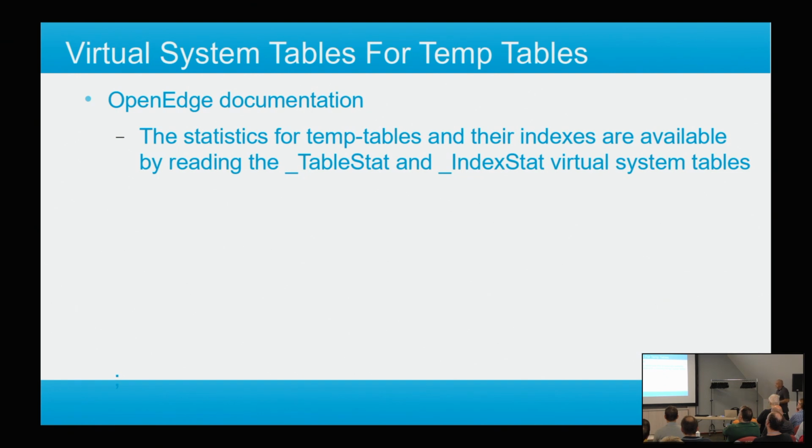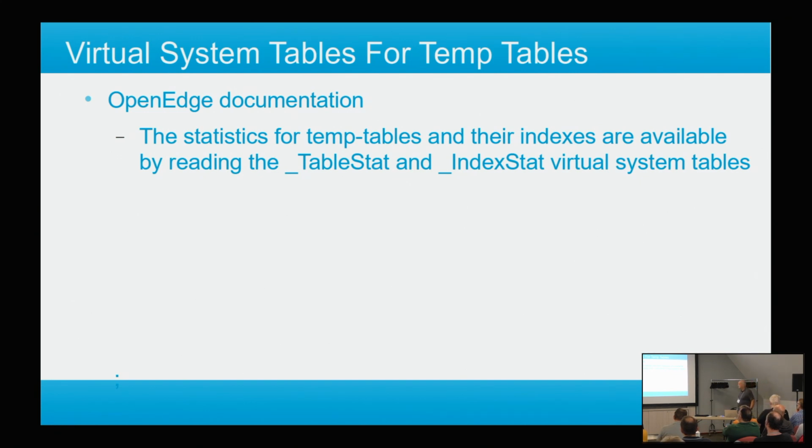The documentation is very clear about this. As with any Progress database, you can use the standard _TableStat and _IndexStat virtual system tables to analyze what's going on with your temporary tables.